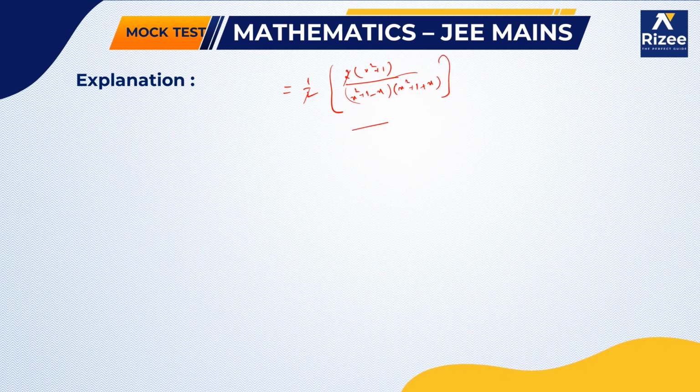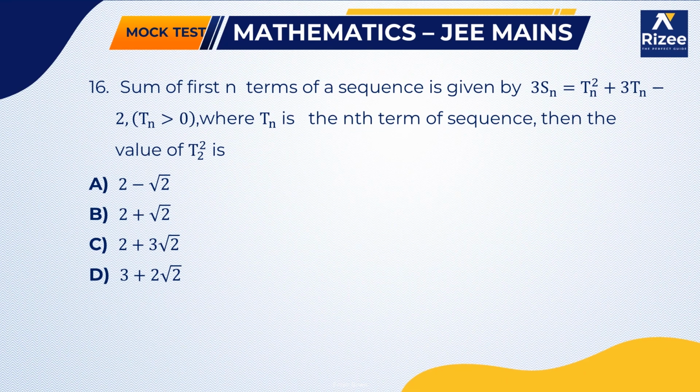The next question: the sum of the first n terms of a sequence, 3Sn, is equal to tn squared plus 3tn minus 2, where tn is greater than 0 and tn is the nth term of the sequence. Then find the value of t2 squared. Given 3Sn equals tn squared plus 3tn minus 2, I am taking n equal to 1. 3S1 is equal to t1 squared plus 3t1 minus 2.